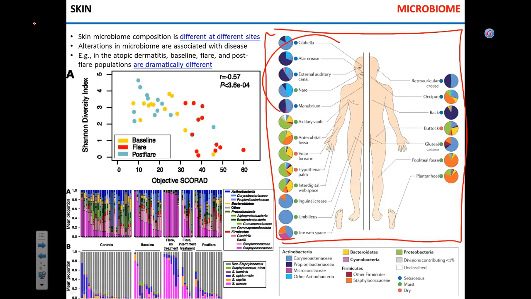For instance, the head and upper chest, it's one population. You go into the arm, that's a different population, mainly Proteobacteria. Okay? You go into the lower abdomen, completely different population.